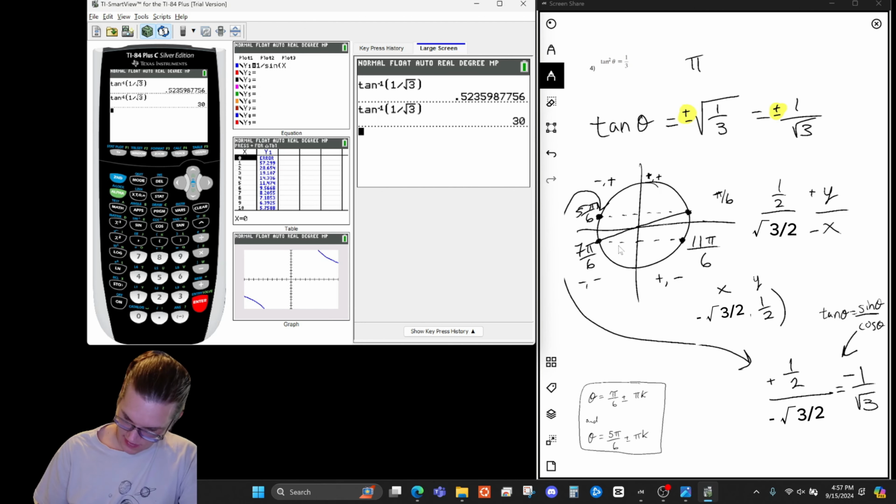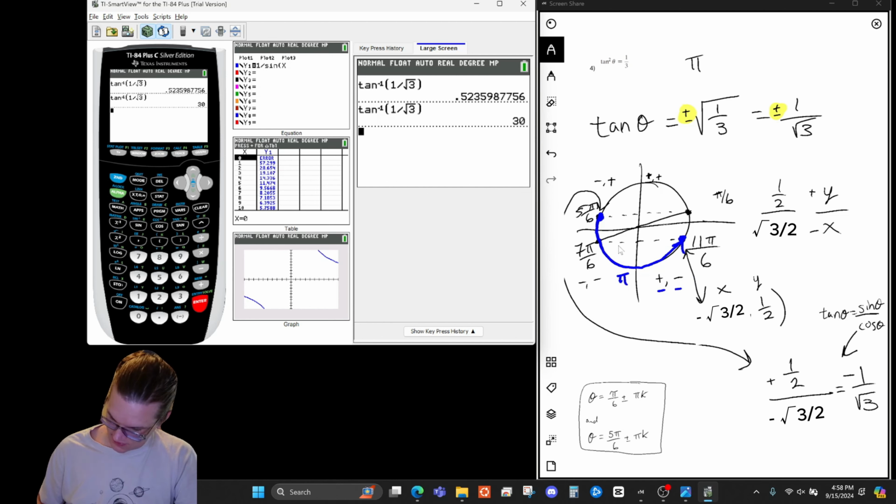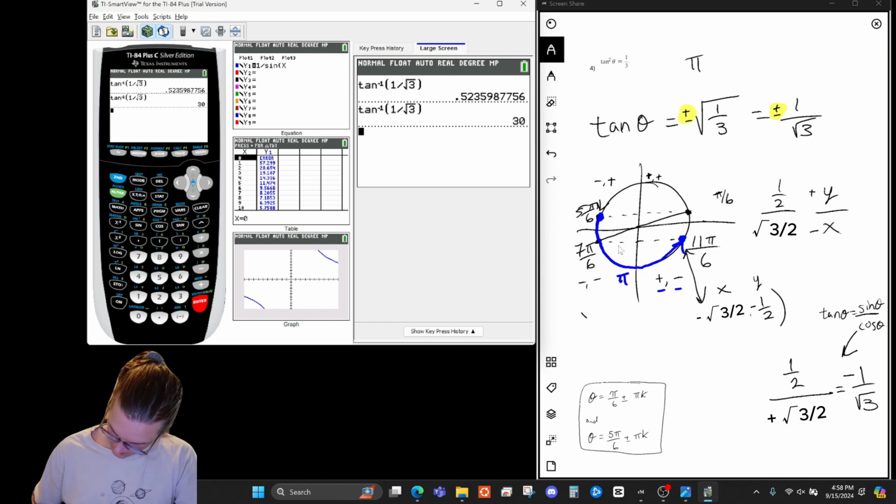Then what we did was we said, okay, that's the first negative 1 over root 3 solution. I would like to add a single pi radians to get to the next one, right? It occurs here again. The coordinates there are this flipped, positive root 3 over 2 and negative 1/2, right? So when we flip this, it's also going to yield a negative 1 over root 3.